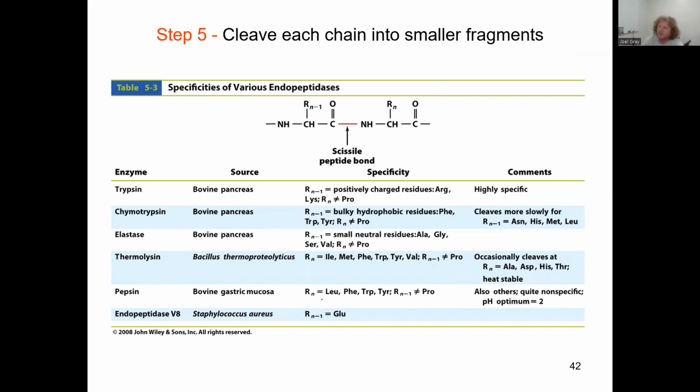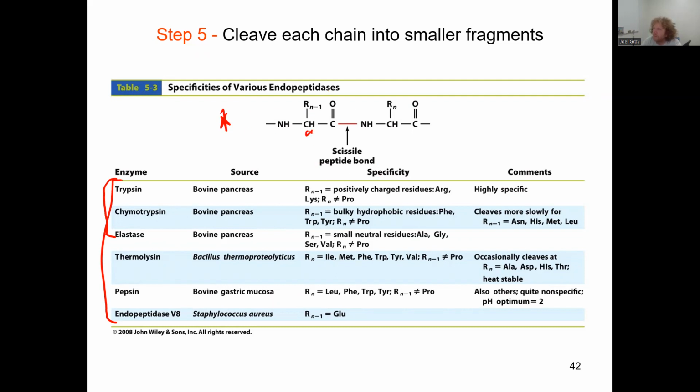Here's where I want to focus, though. These are molecular scissors. I want you to know what all of these molecular scissors do. I'm going to first focus in on trypsin, chymotrypsin, and elastase. Let's start at the top, or let's reverse back, and here's our top.